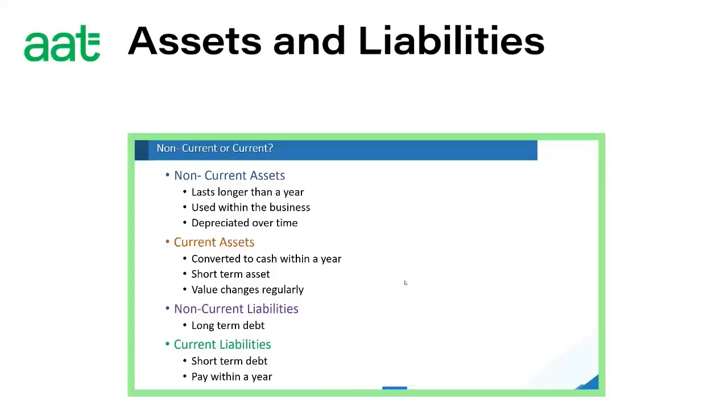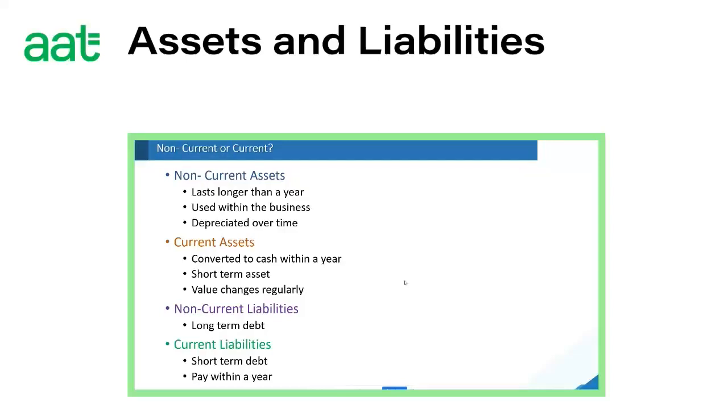If you owe money to Inland Revenue, they're not going to wait long term. It's going to be a short term debt. You're going to have to pay, especially things like VAT and your payroll, etc. So anything short term where it's got to be paid within a year is what we call current liabilities.